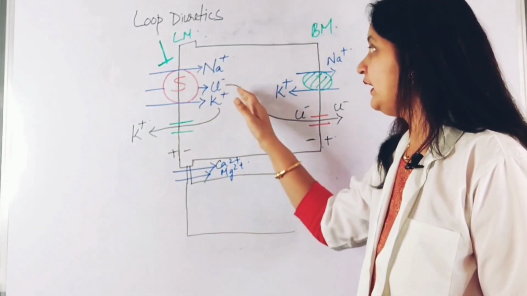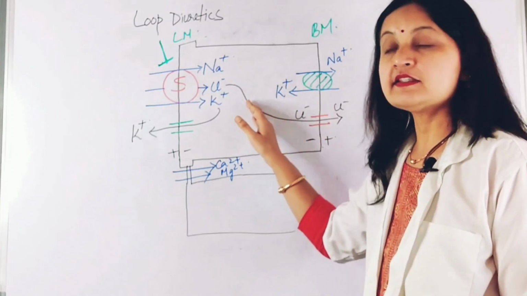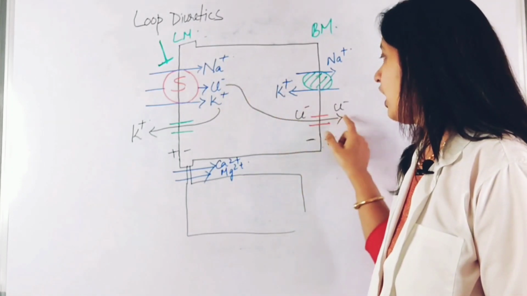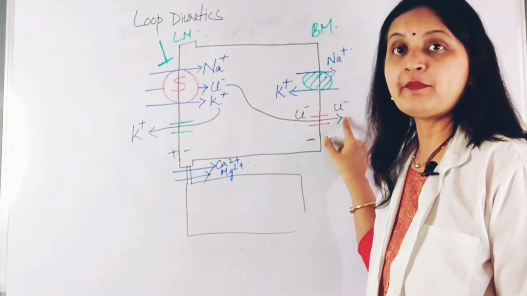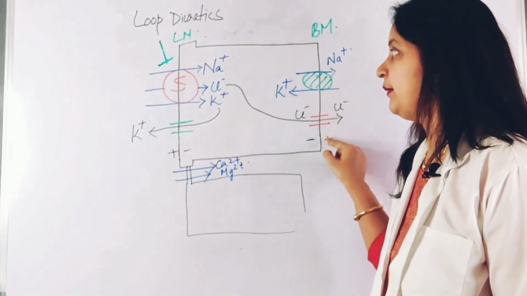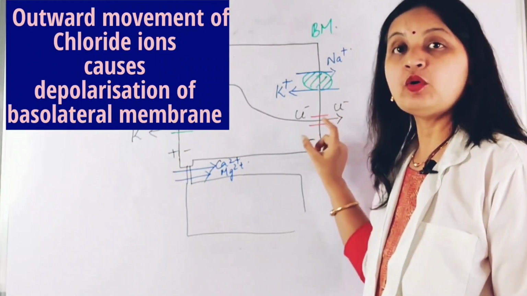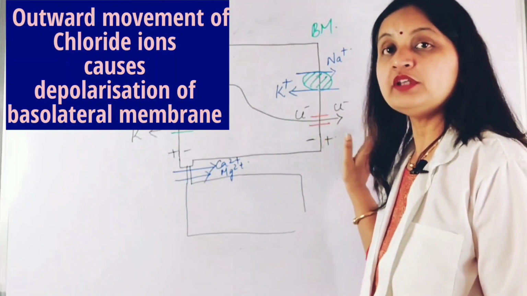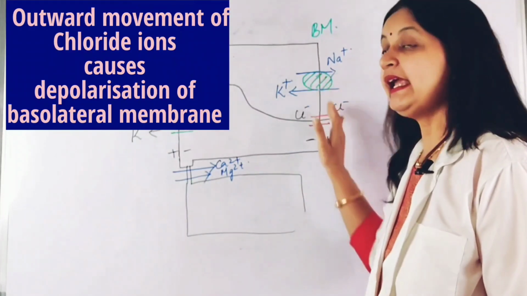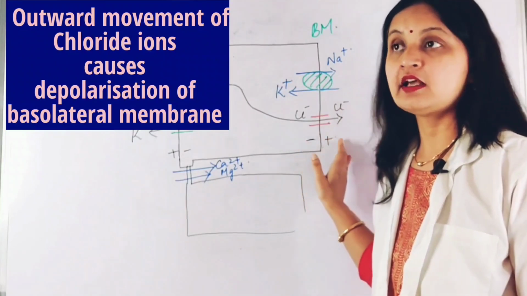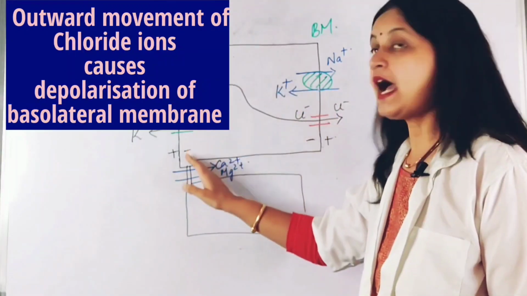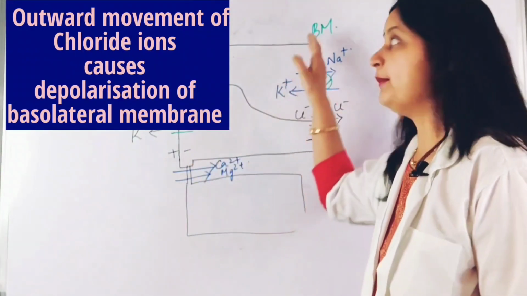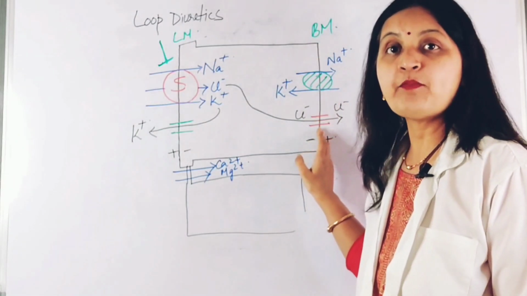But the chloride ions, which are the negative ions, move out through the chloride channels which are present in the basolateral membrane. Since the chloride ions are moving out through the chloride channels, the membrane gets depolarized. So the luminal membrane gets hyperpolarized and the basolateral membrane gets depolarized.